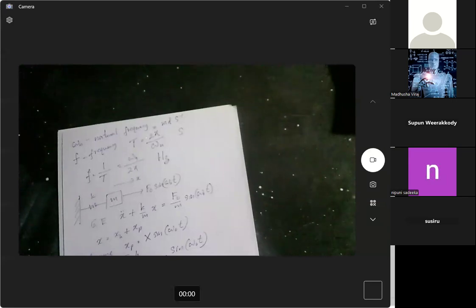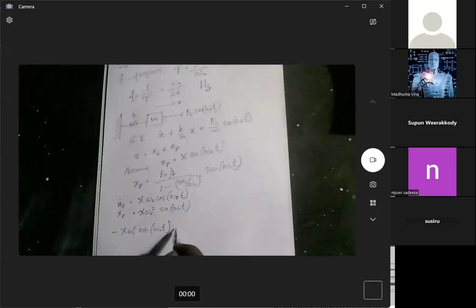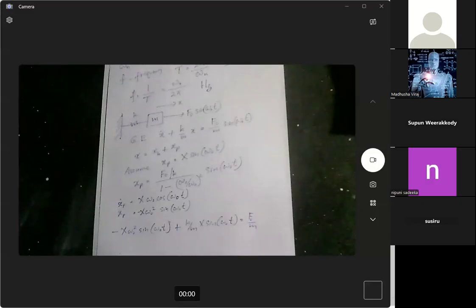Minus x omega naught squared sine omega naught t plus k over m x sine omega naught t equals f naught over m sine omega naught t.